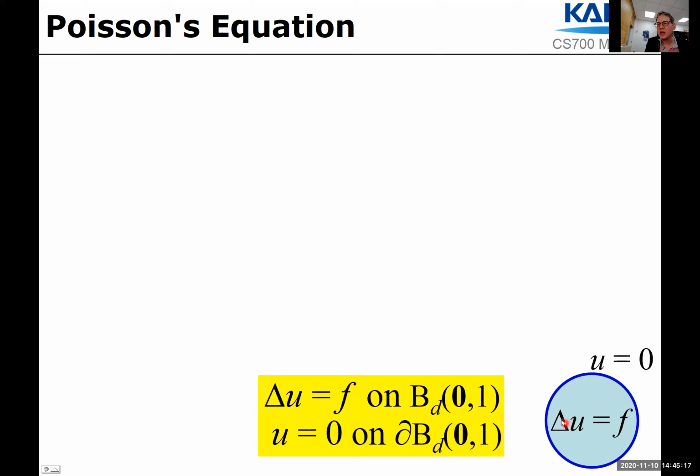Inside the unit disk, the sum of second partial derivatives of the solution U must equal the given right-hand side f, and on the boundary, the solution must vanish.